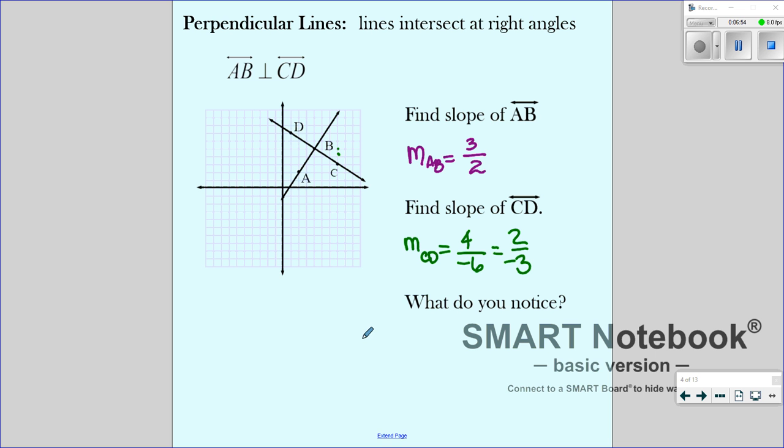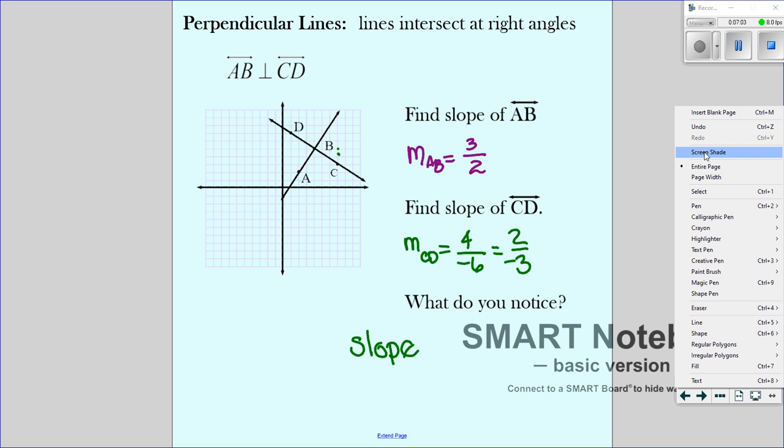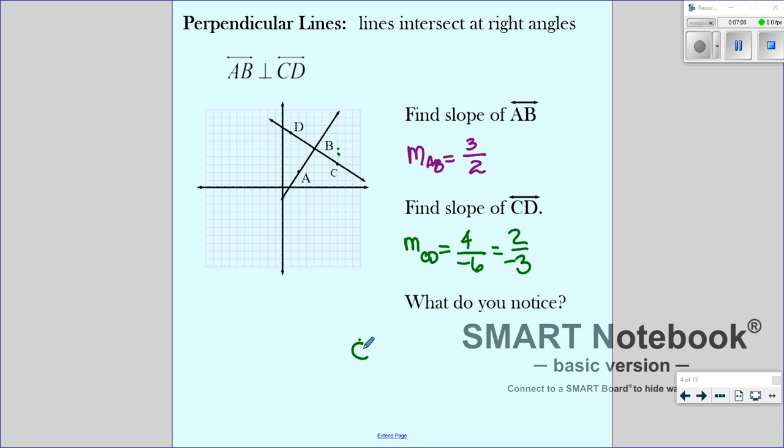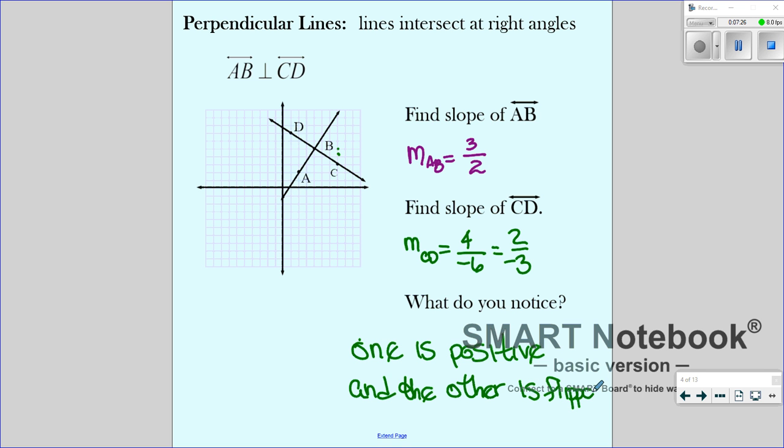So one is positive and the other is flipped and negative.